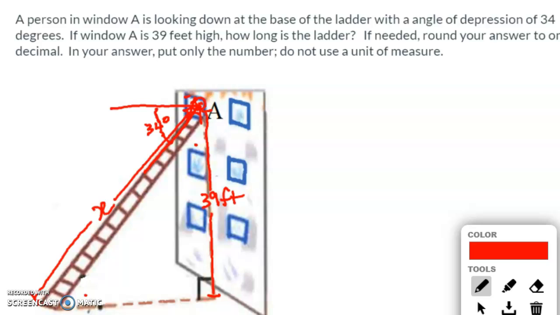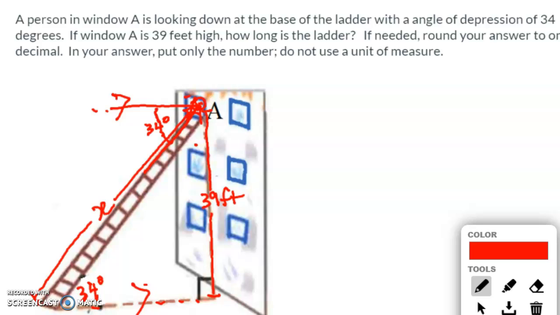Okay, we can figure out this angle because the horizontal is here and this is the ground horizontal. That means horizontals are always parallel. That means this is parallel to this line. So by alternate interior angles, remember my Z angle, this angle has to be 34 degrees as well.